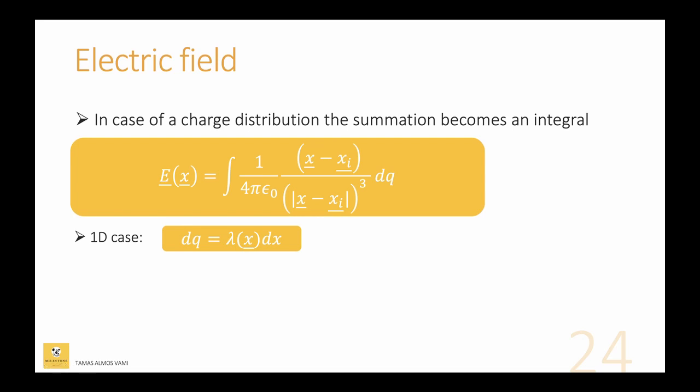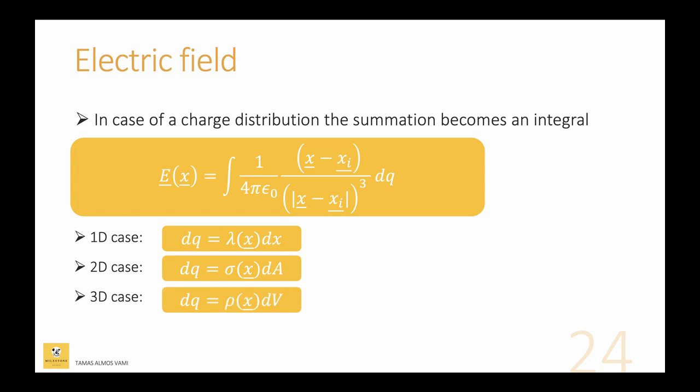And then in one dimension, we could just go in this x direction. In the 2D case, when we have a surface integral, then this dq is understood to be sigma, which is the charge density for the two-dimensional case, and then dA is the little value for the surface.